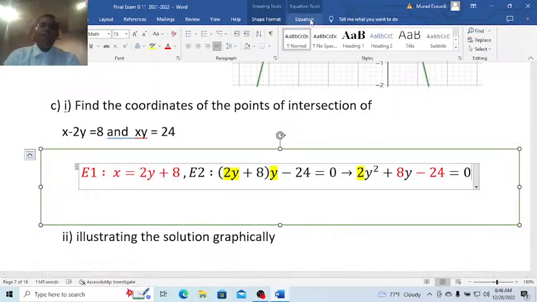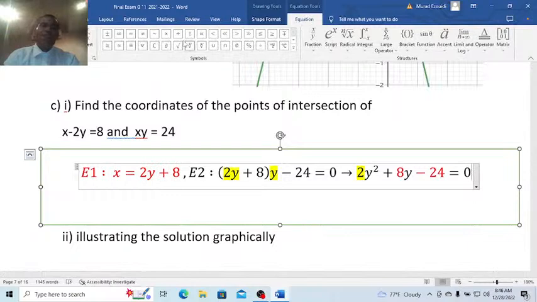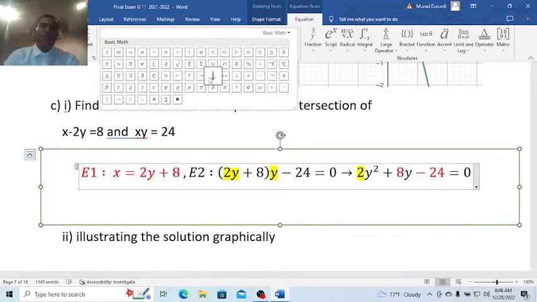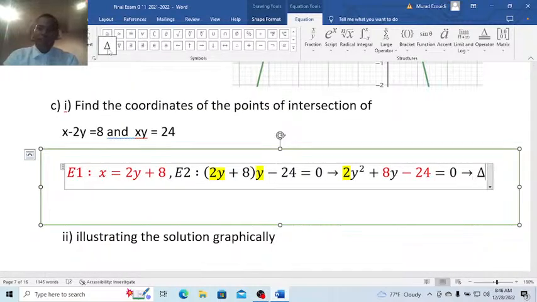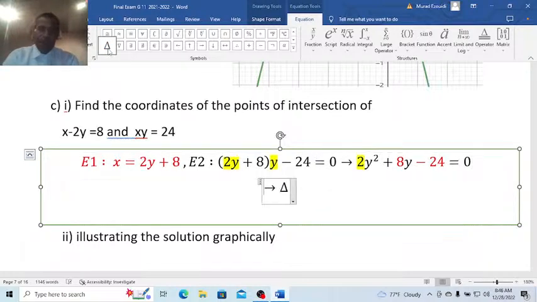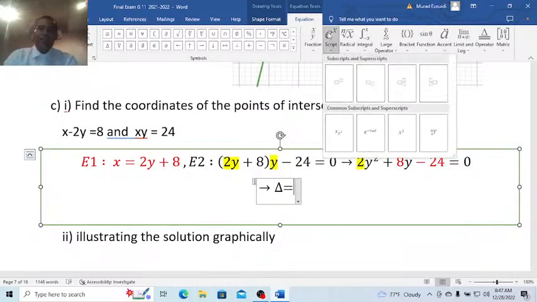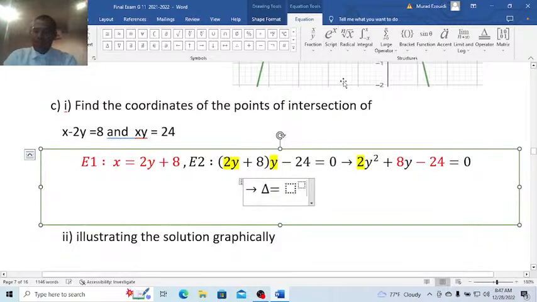Therefore, learners, I will now use delta. The value of delta is equal to b squared minus 4ac.